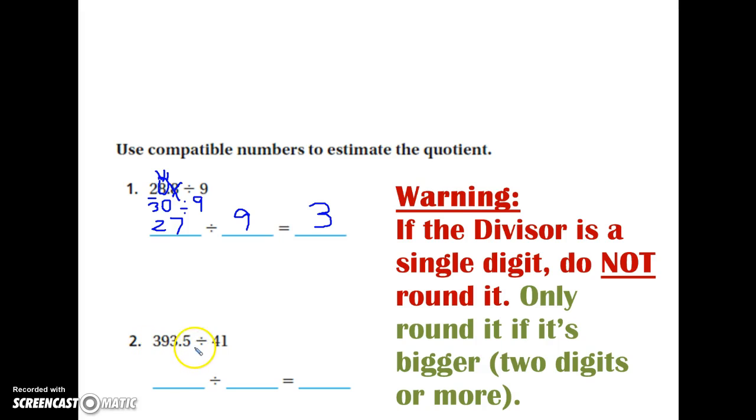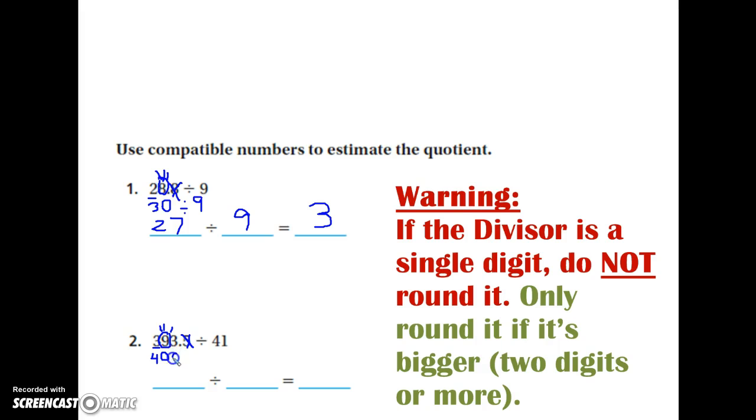Okay, so now we have 393.5 divided by 41. Cross out this 5, but 0.5. We don't need that. We're estimating. We don't need to be that exact. And we round 393. So I underline the 3. I circle the 9. 9 is 5 or more, so I raise the score. And 3 becomes 4.